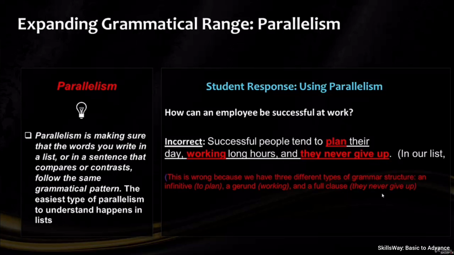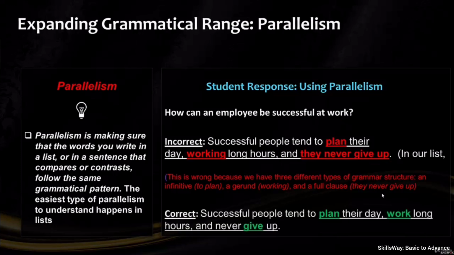This is wrong because we have 3 different types of grammar structure: the infinitive, a gerund, and a full clause. That is not proper parallelism. That's why you're not able to move above a band 7. Correct: Successful people tend to plan their day, work long hours, and never give up. That is proper parallelism.